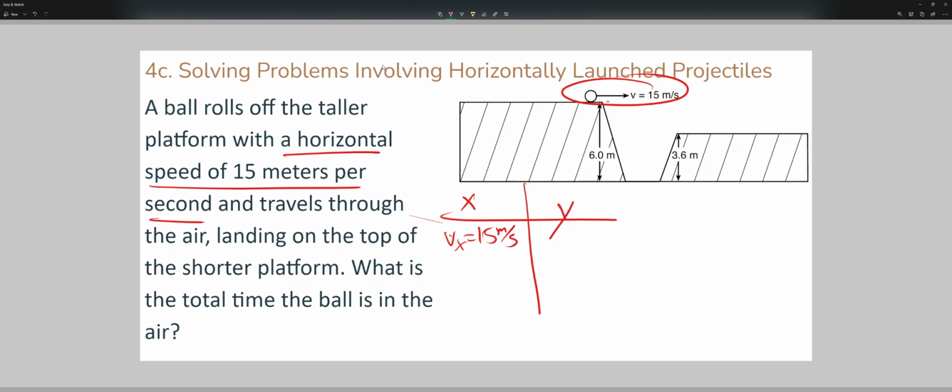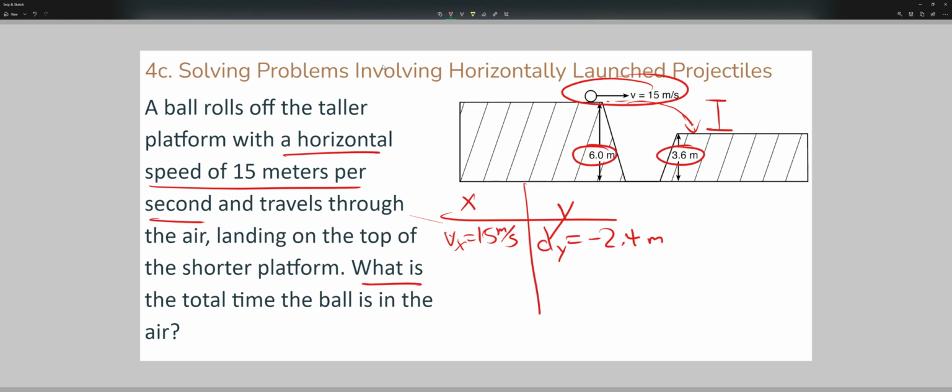It lands on the second platform, so we can say my displacement in the y direction is negative 2.4. That's the difference between 6 and 3.6. And because you're going downward, it is going to be a negative number.